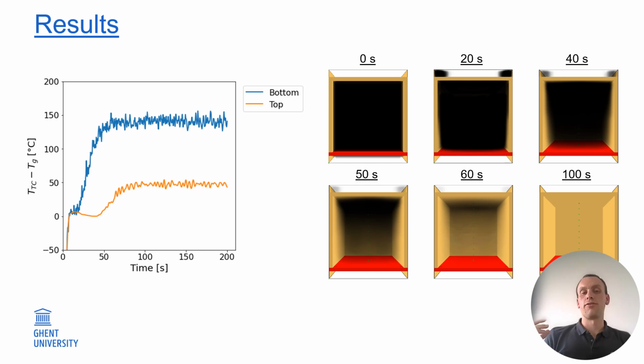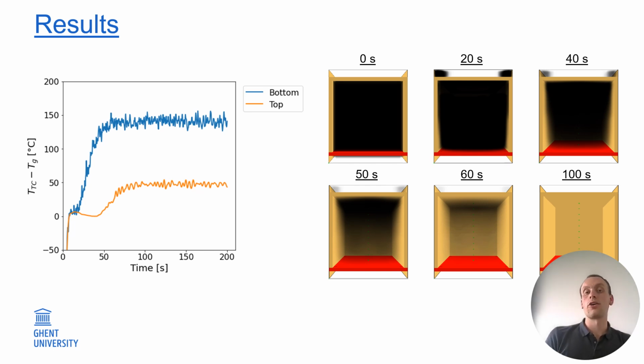In terms of temperatures, we're mainly interested in the difference between the thermocouple temperature and the local gas temperature, which you can see on the plot on the left-hand side of this slide. What we can see is that there is this phase where the difference is very close to zero, so where a thermocouple is basically just measuring the true gas temperature.